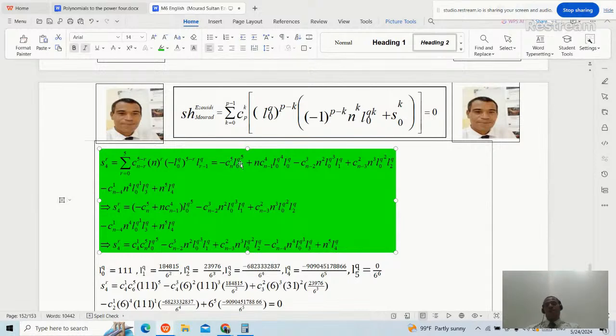times L0 of order q to the power 5, plus, when r equals 1, it will be n times combination n minus 1 choose 4, because 5 minus 1 is 4, and n minus r, with r being 1, it will be n minus 1, times L0 of order q raised to the power 4 times L0 of order q.